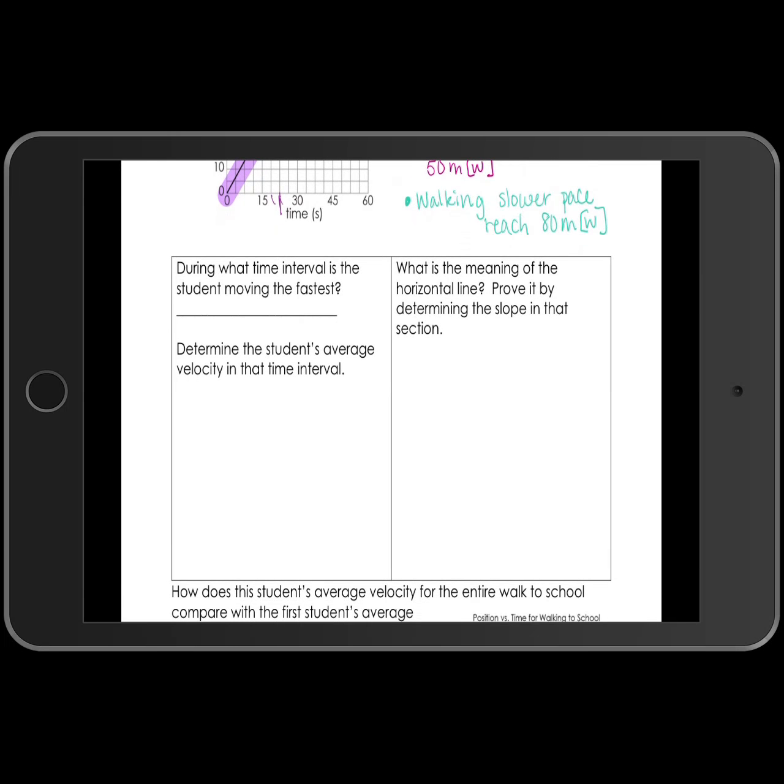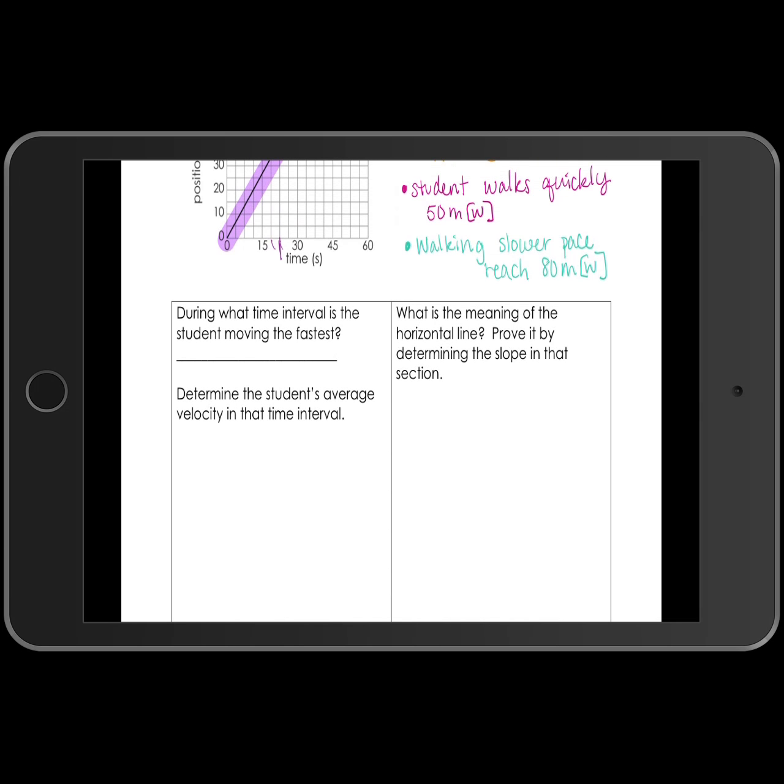Okay, so during what time interval is the student moving the fastest?